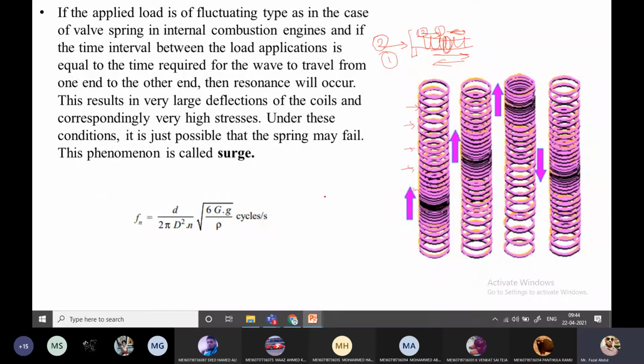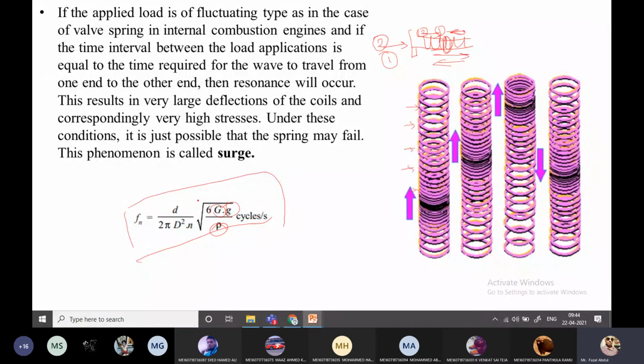To avoid this failure, in springs generally, one standard empirical relation is provided here: the fundamental frequency for springs is d by 2 pi D square into N, square root of 6 G g by rho. Here G is the modulus of rigidity, g is the acceleration due to gravity, and rho is the mass density.